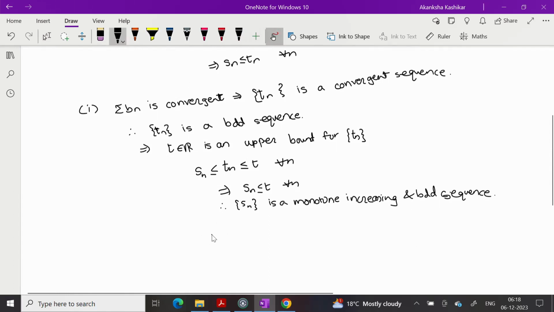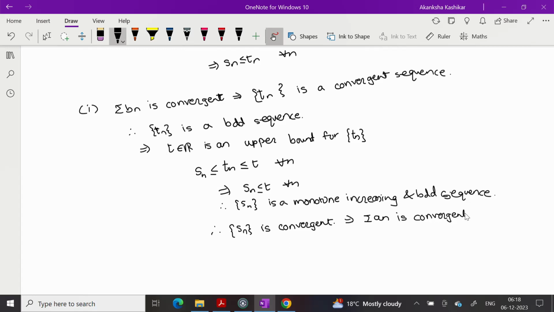Therefore Sn is convergent, which would imply summation an is convergent. Thus we have proved that if summation bn is convergent, then summation an is convergent.